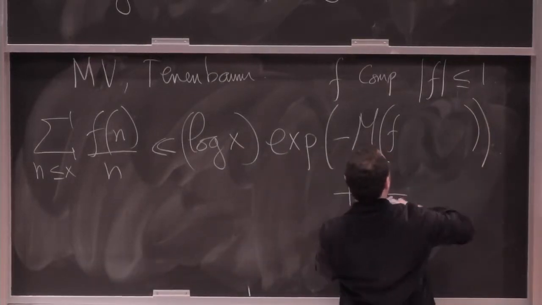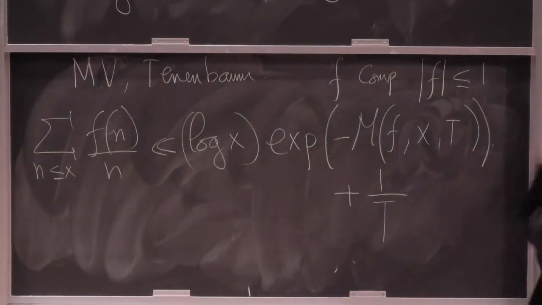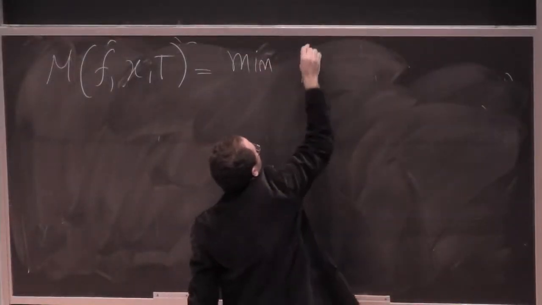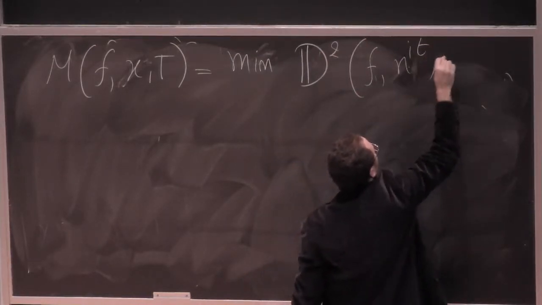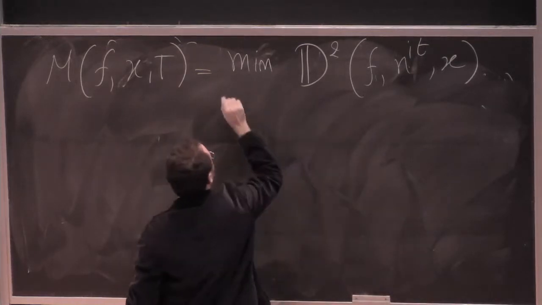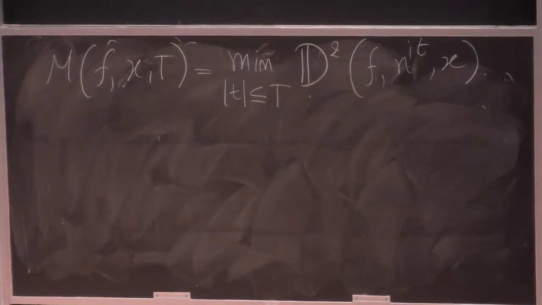I'm going to define this. So M(x,T) is simply the minimum of the distance from f to n to the it up to x, where you're taking all these twists to be bounded by capital T. And the bound here is valid only for T greater than 1.